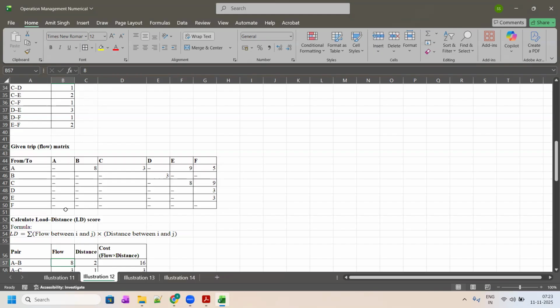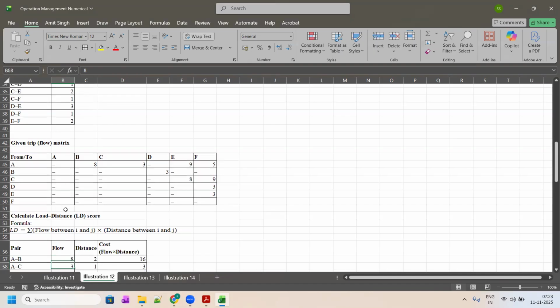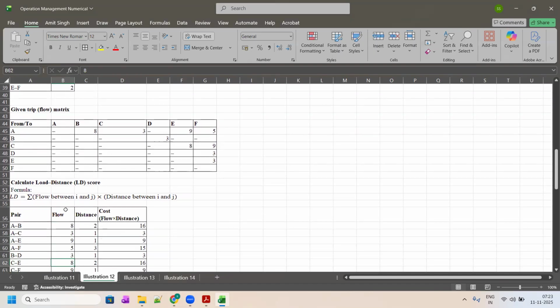So A to B is 8, and I know the distance between A to B. Then A to C is 3, and I know the distance. Then A to E is 9, A to F is 5. Like this, whichever data is given, I'll just write down those pairs.